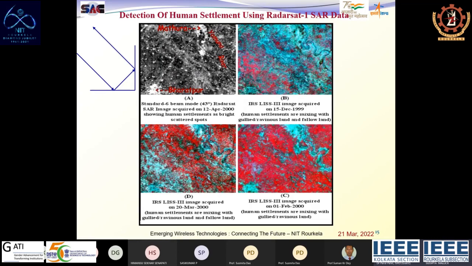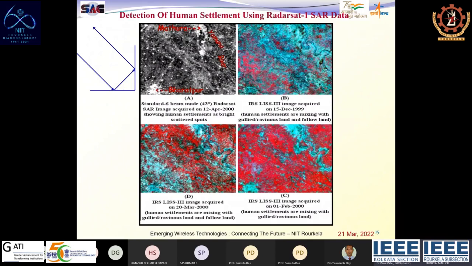So for all the settlements, 100% of the energy is returning back towards your antenna. All these bright spots you see in my top left image are villages near Mathura and Bharatpur. Bharatpur city you can see down below, and Mathura also. It's all totally in white because the entire energy has come back.